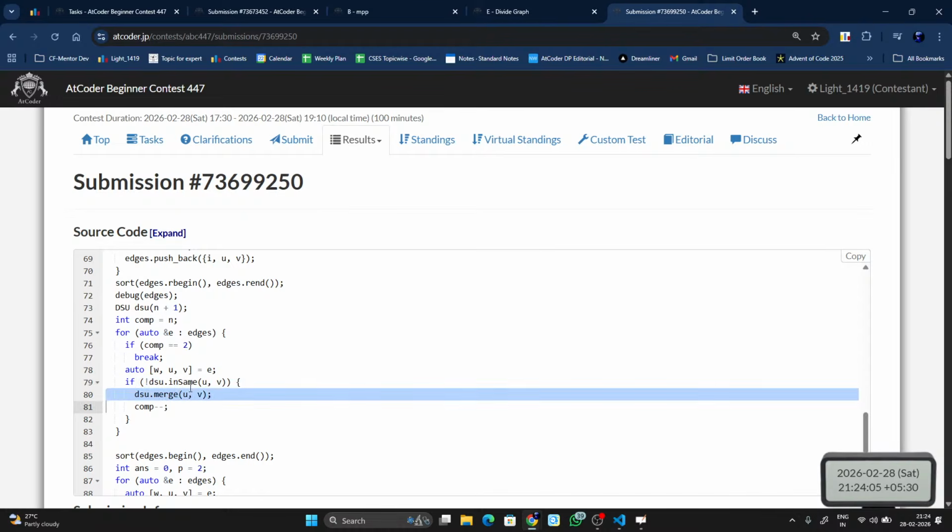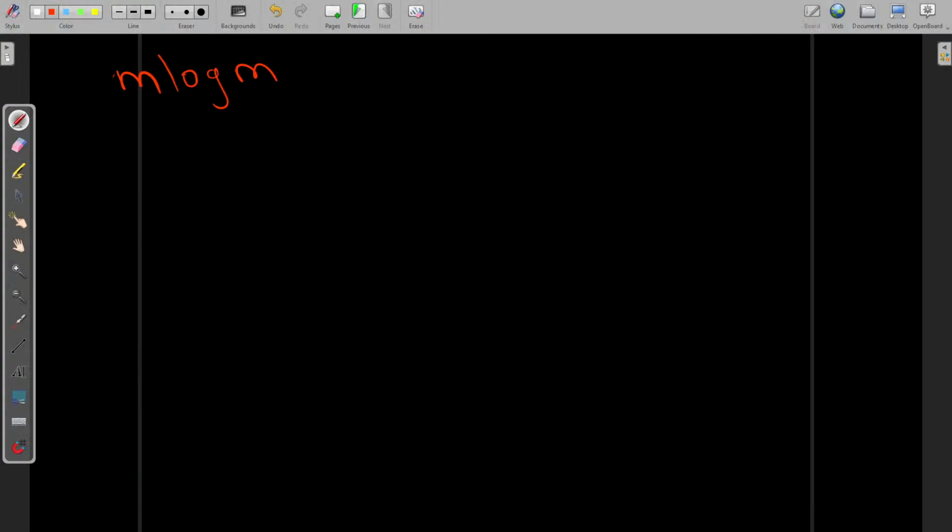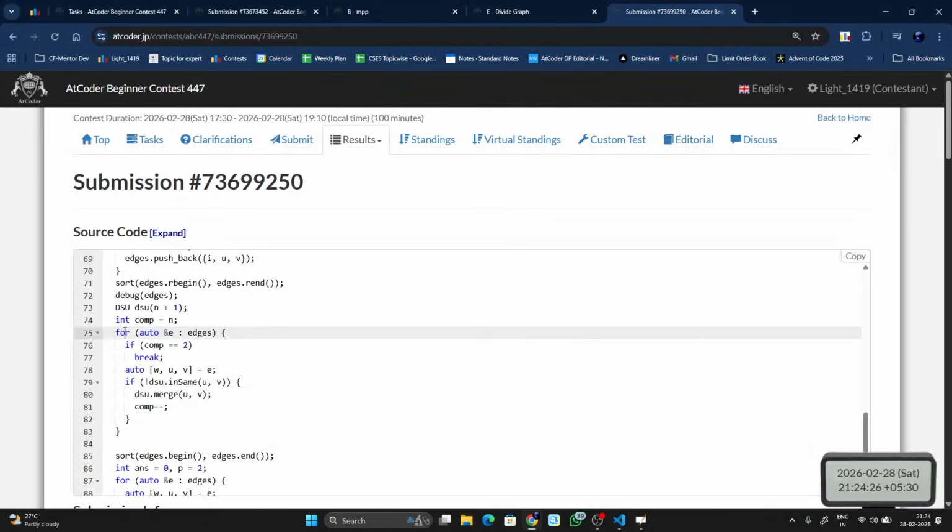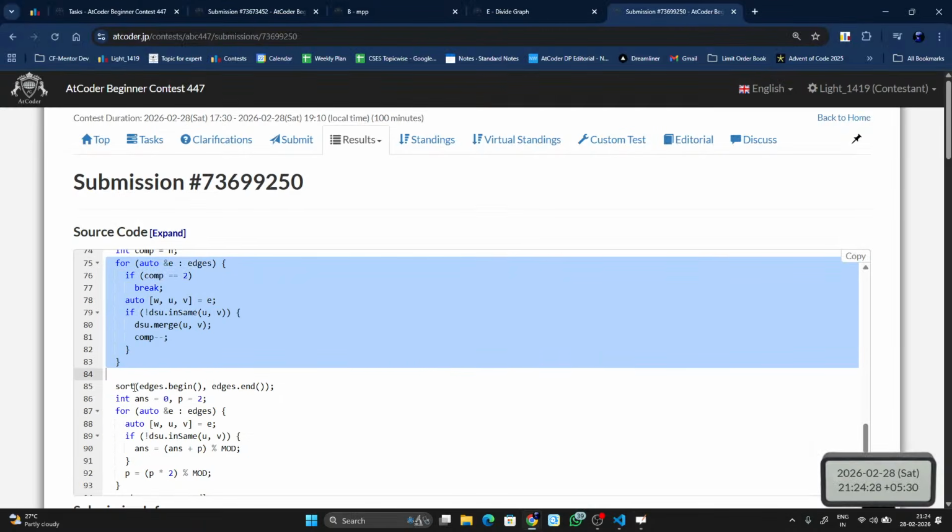Both of these operations are performed in alpha of n. So we iterate upon all m edges, and for each edge we perform alpha of n, which is a small value, something like 5 or 6. So this loop will cost us m into alpha of n.